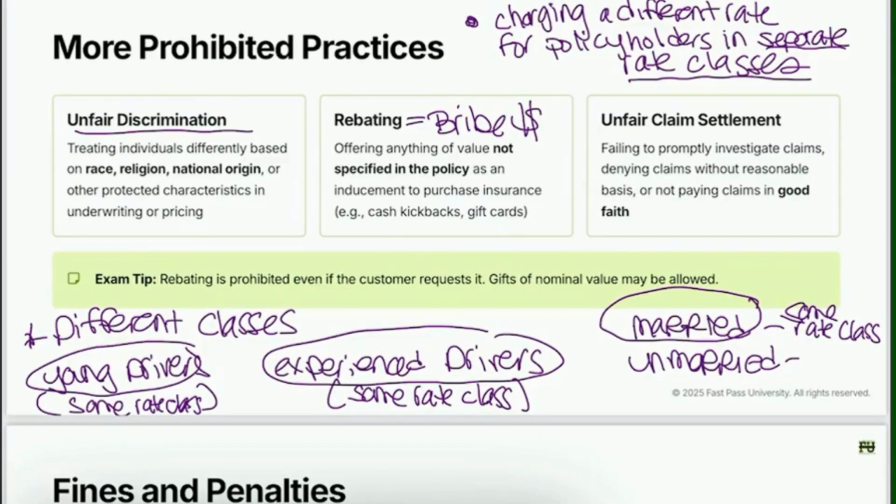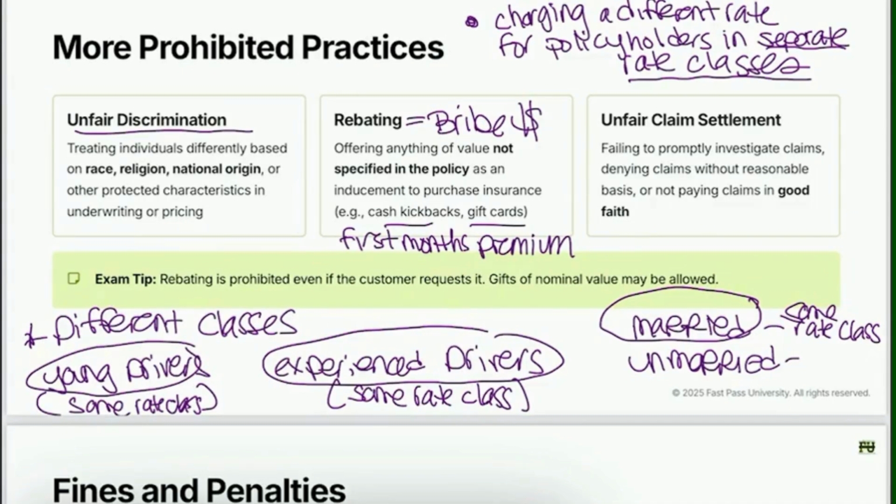None of that is allowed. You cannot say, I'll pay your first month's premium if you come and sign this policy with me. You cannot say, I'll give you $50 if you sign this policy with me. Cannot offer them something of monetary value as an inducement. That's the word that they like to use, inducement or induce, which equals bribe, which equals rebating. If you see any of those terms, the answer is rebating.